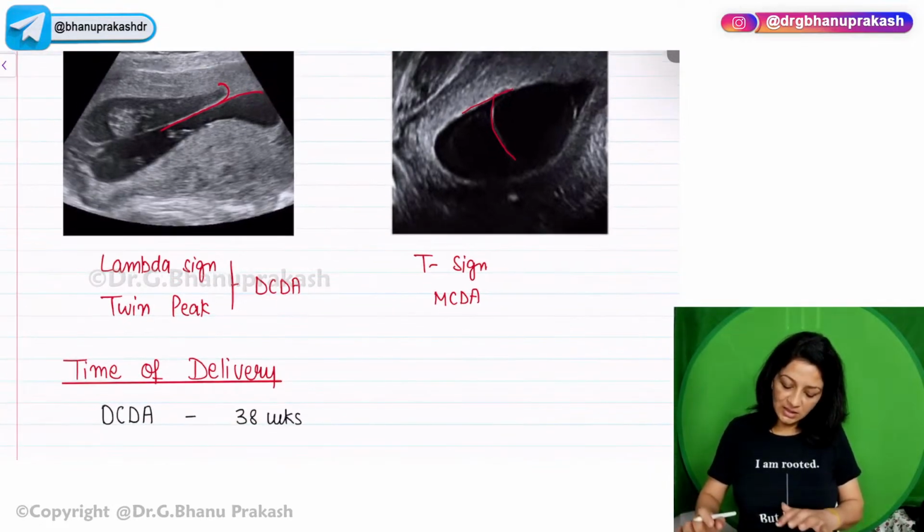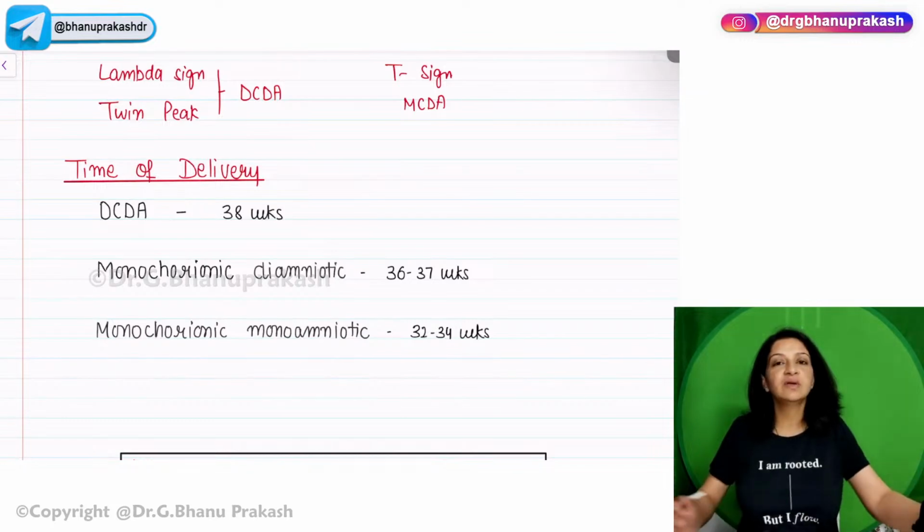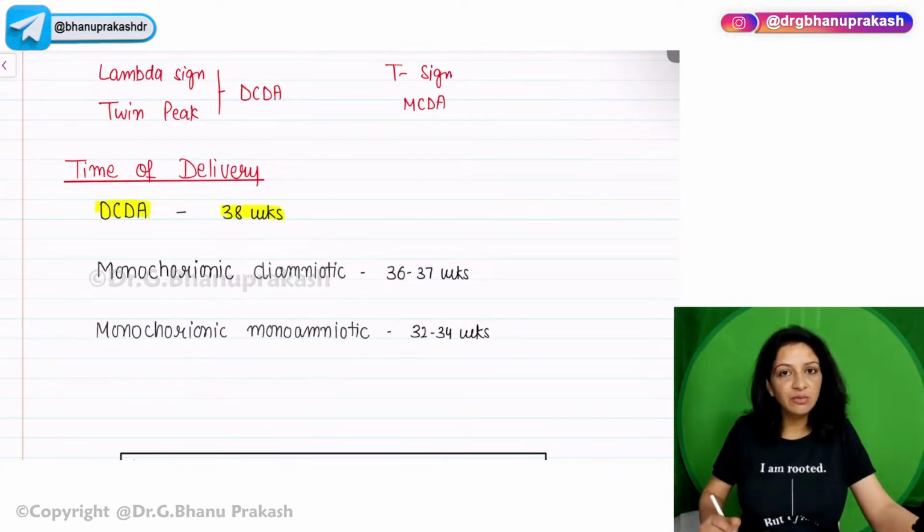So next one is important, that is time of delivery. In case of dichorionic diamniotic, 38 weeks. In case of monochorionic diamniotic, 36 to 37 weeks.